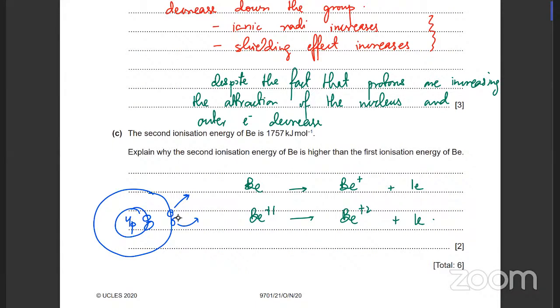So effective nuclear charge. The outer shell has less attraction, so that's why it's easier to lose the electrons. But what's the reason for that? Yeah, because it's far away from the nucleus. No, but both electrons are far away, they're in the same shell.